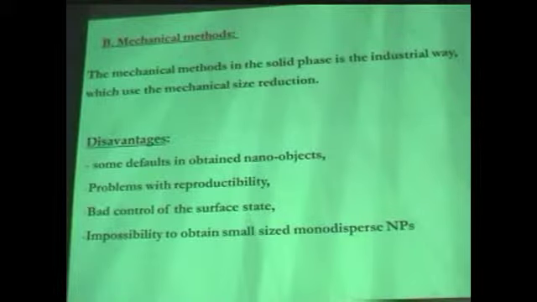But of course there are inconveniences, such as some defects in the obtained nano-objects. There are problems with reproducibility, because the mechanical method is just for size reduction. We also have a relatively bad control of the surface state, and it is also quite impossible to obtain small-sized monodisperse nanoparticles by mechanical methods.